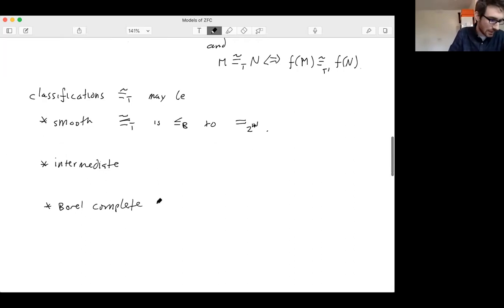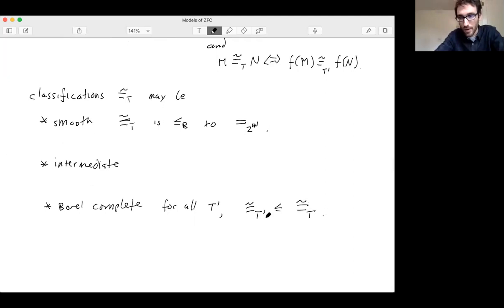Borel complete, this is just an abstract thing. For the moment, it just means that for all T prime, isomorphism T prime is reducible to isomorphism T. So isomorphism T is Borel complete if no matter what you throw at it, it's maximally complex.